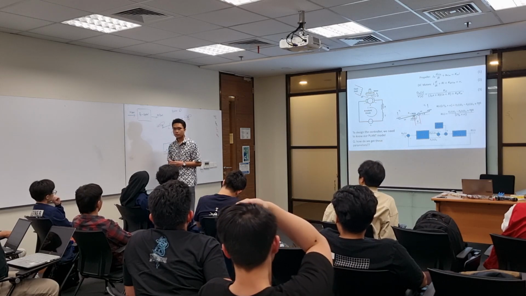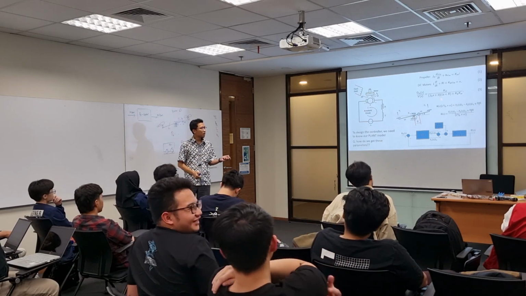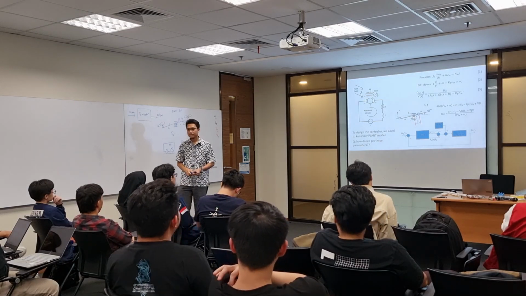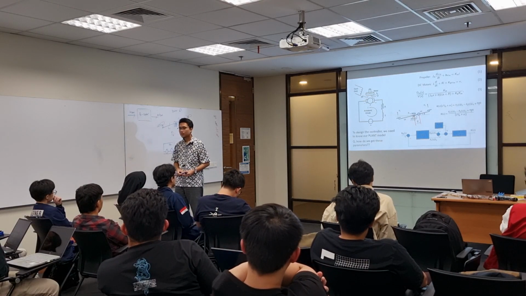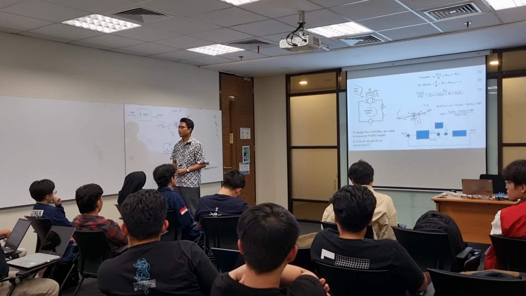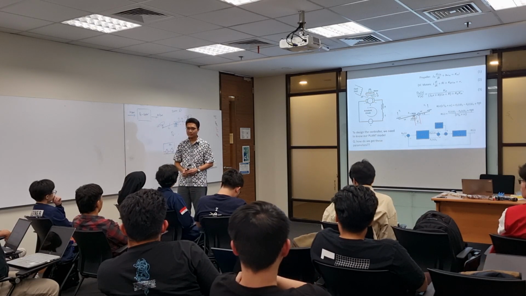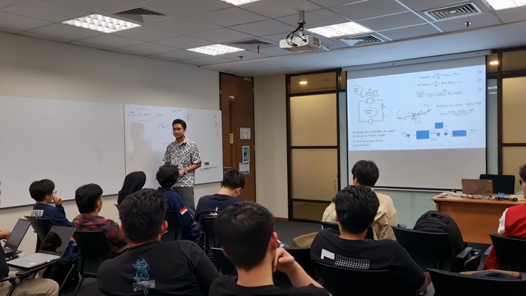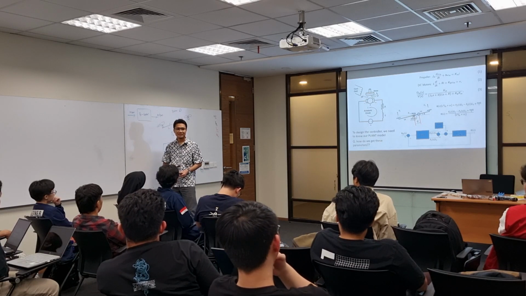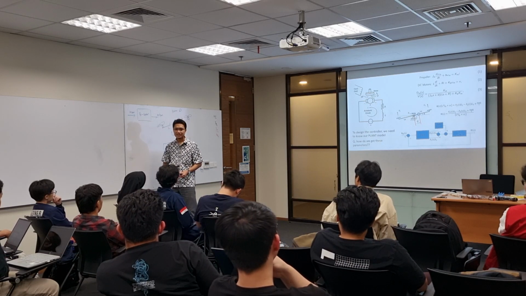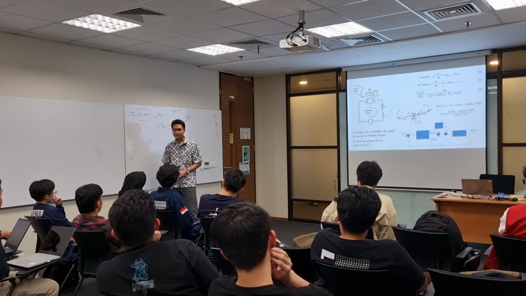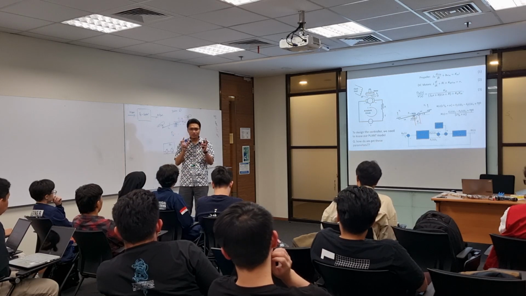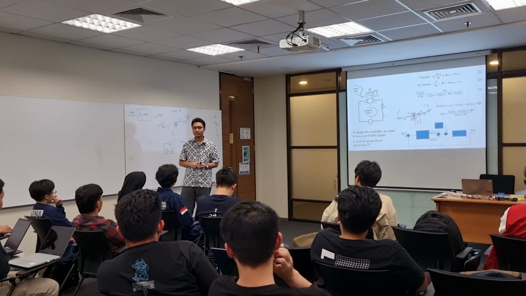So we don't need to know all of this, experimentally rather than numerically. What do you think? Is it going to be easier? Yeah, easy, right? Because we don't have to think about all of those small things.